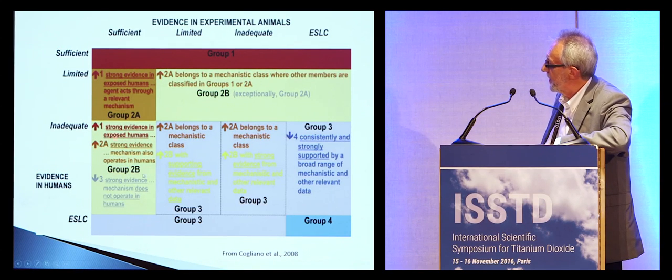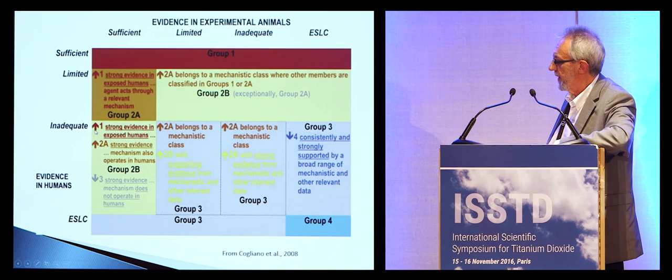If there is then strong evidence that the mechanism could operate in humans, if there is strong evidence from genotoxicity that the animal carcinogenicity could be due to a mechanism that's relevant for humans, then you can drive the classification from 2B up to 2A, even higher if there is more data available.